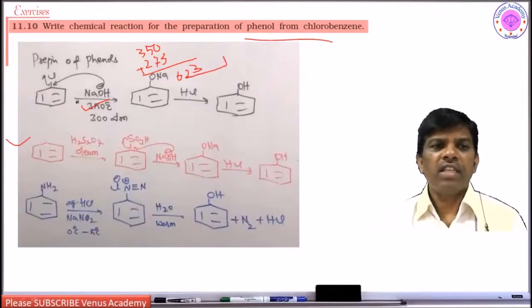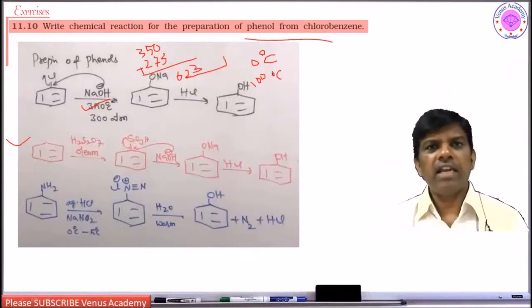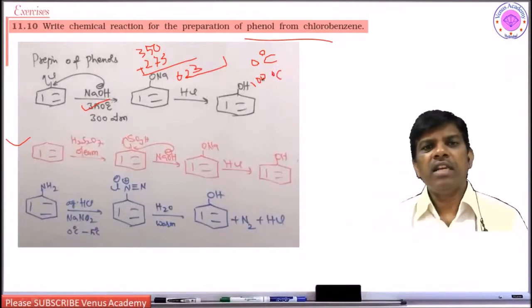However, I am following this degree centigrade scale because you know the temperature of ice is 0 degrees centigrade, and you know the boiling temperature of water is 100 degrees centigrade. So you can imagine what temperature it is going to be during this reaction. 350 degrees centigrade means it is very high temperature.